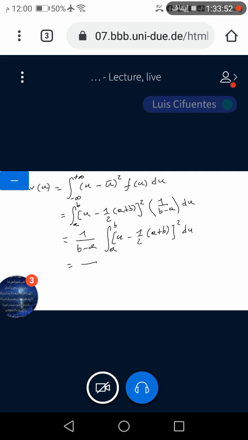Let's continue. That will be what we have inside here, because this is just a square.